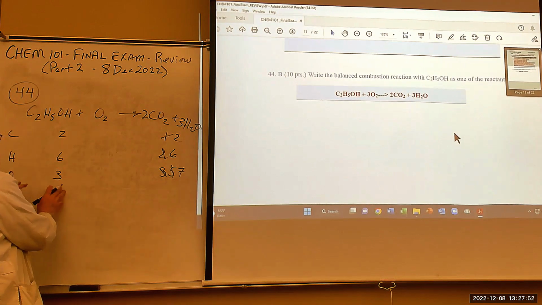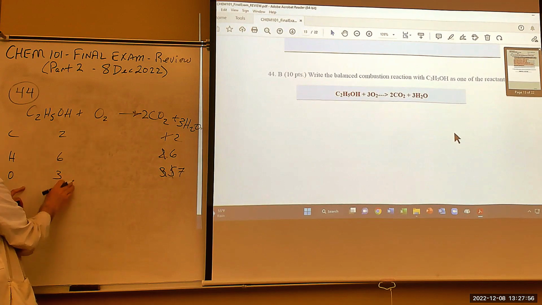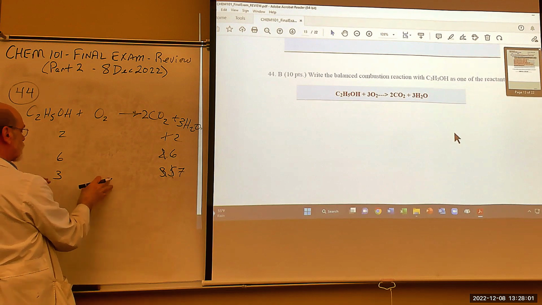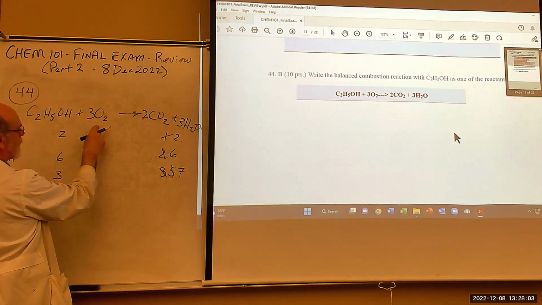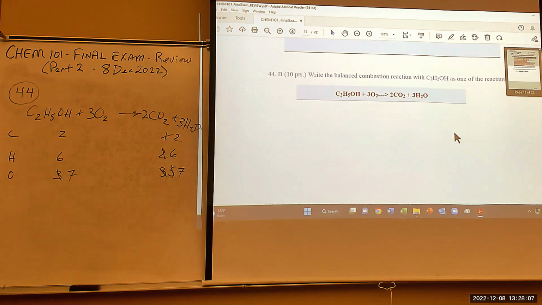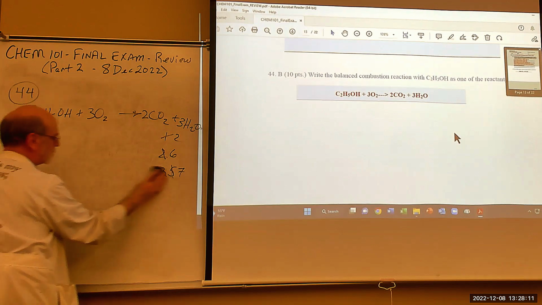So we need 7 oxygens on this side. Notice the oxygens are in 2 different places, so that's actually a blessing. If we say 3 times that oxygen, that gives us 6 plus 1 is 7. There we go. So there's your balanced equation for the combustion of ethanol.